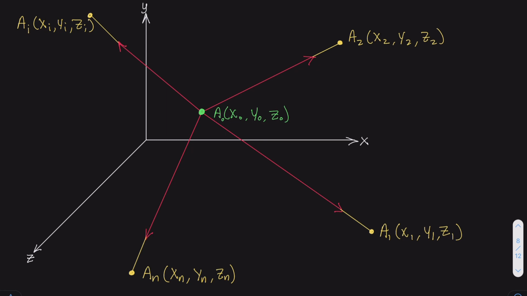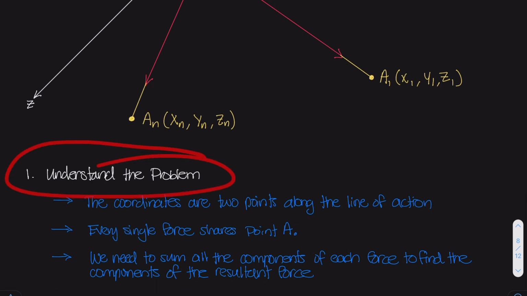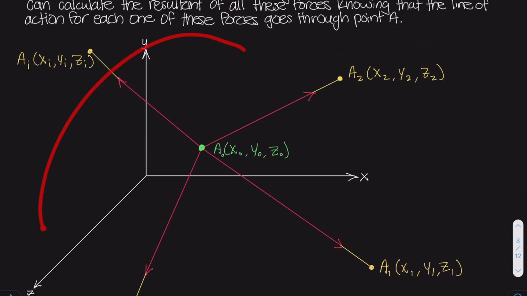Our first step in this problem is to understand the problem. We already know that the coordinates are 2 points along the line of action. So for each force, we have 2 different points along that line of action to understand its orientation within this Cartesian coordinate space. If we were looking at this force right here, we would need to know where the line of action starts and then another point along it, in this case A2.